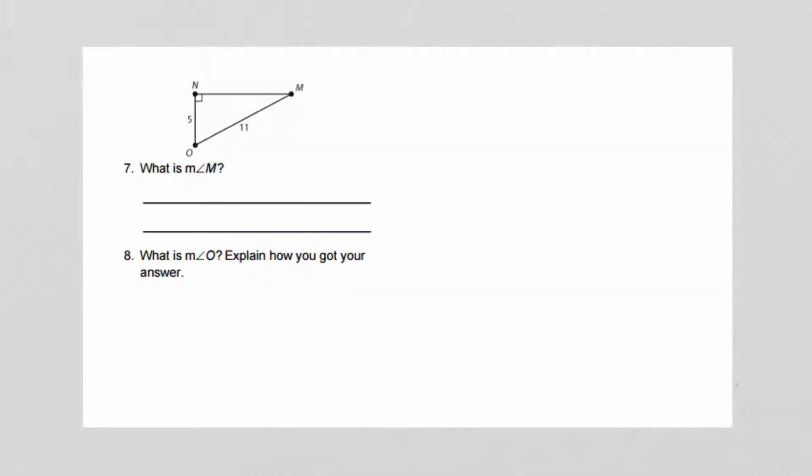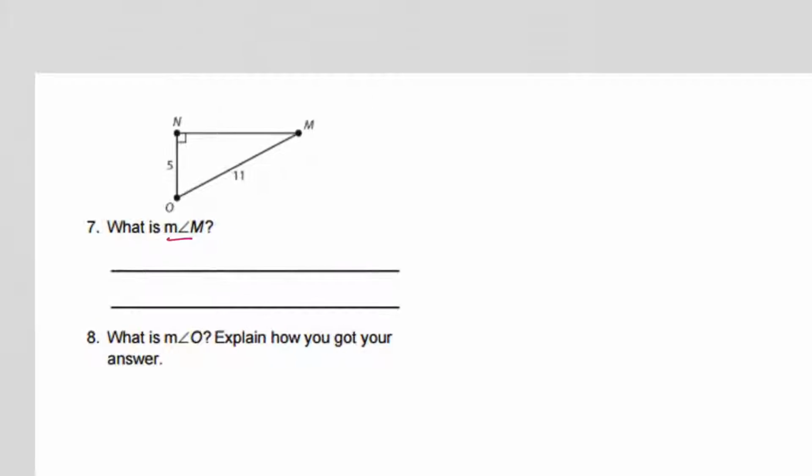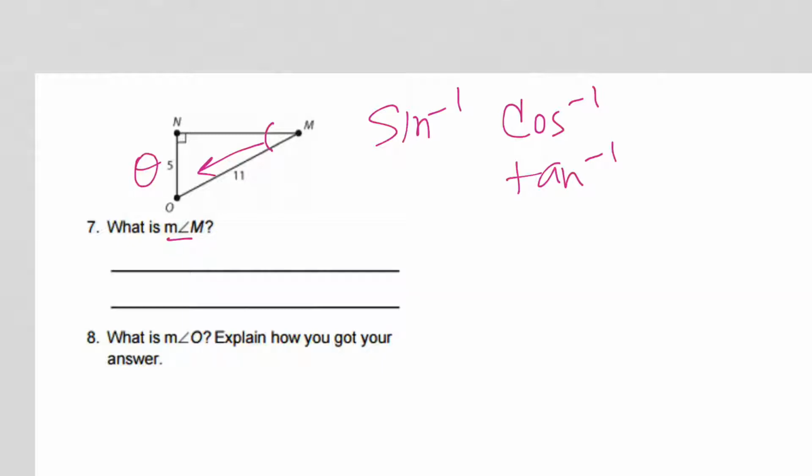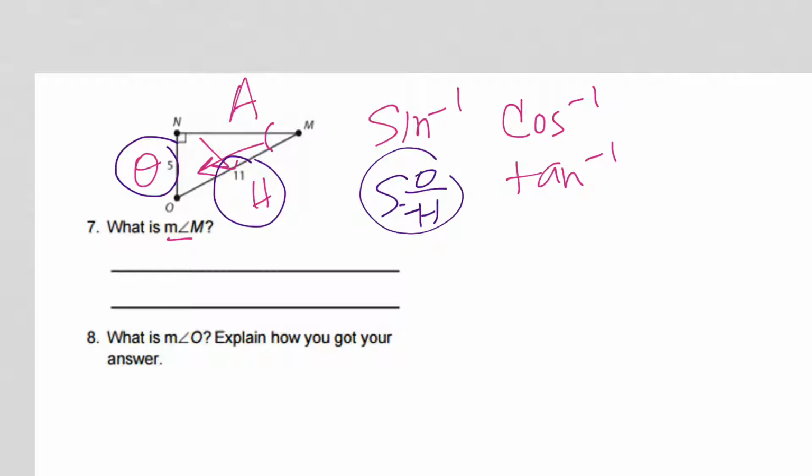Number 7, since we're being asked to find the measurement of an angle, that's already telling me that I have to use one of the trig functions' inverse. So which one? I don't know yet. They want us to find angle M. So the opposite side is side ON. The hypotenuse is 11, side OM. And the adjacent side we have no information on. So I need to use the trig function that has OH. Who has OH? Sine.